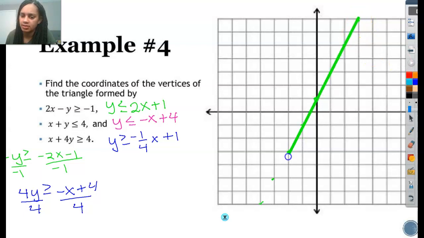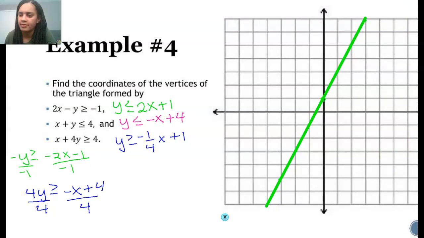All right, next line I'm going to do in pink. So I'm going to think about all those questions. Am I going to shade above or below? The green one will be below, but I'm going to just hang on until I graph all three to shade it. So I'm going to go to 4. 1, 2, 3, 4.